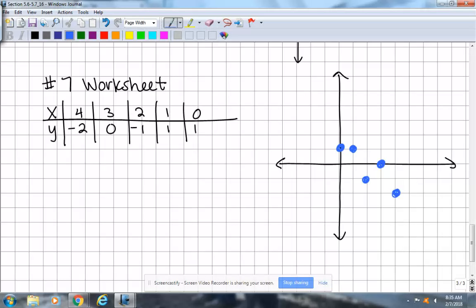What kind of correlation do you think this has? It's negative. It doesn't look too negative, but going left to right, it's up here and then it ends up down here, so it's negative. Draw yourself a line of fit through your points.